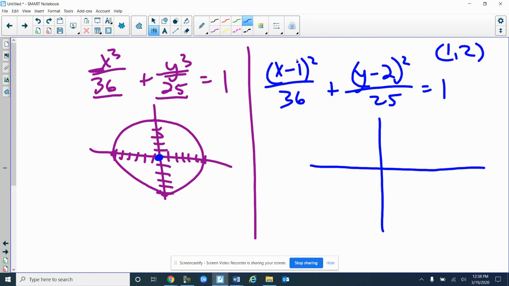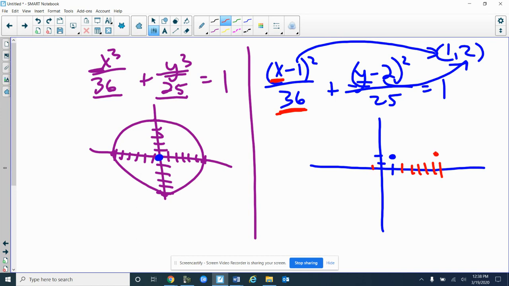The 1 is coming from here, and I'm going with the opposite sign, just like last week, and the 2 is coming from here, because the 1 is with the x, and the 2 is with the y. So I'm going to go to the coordinate 1, 2, and start from that point, going right and left 6 units, because this is on the x-axis. I go right 1, 2, 3, 4, 5, 6 units and put a dot there.